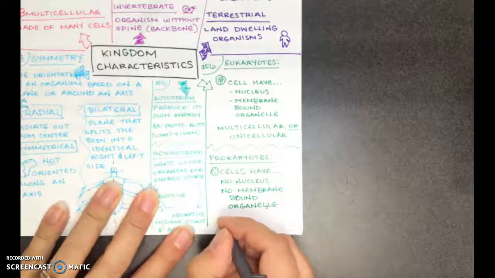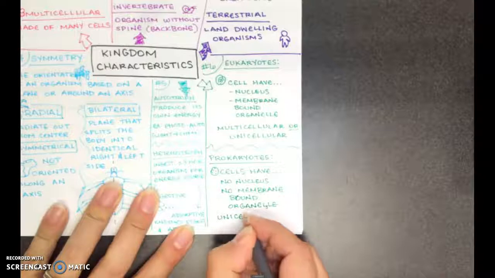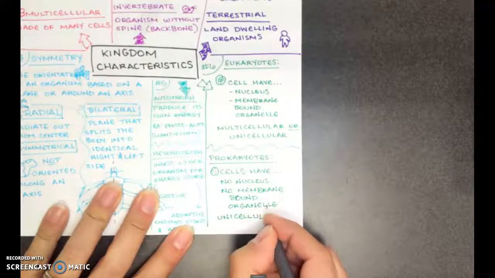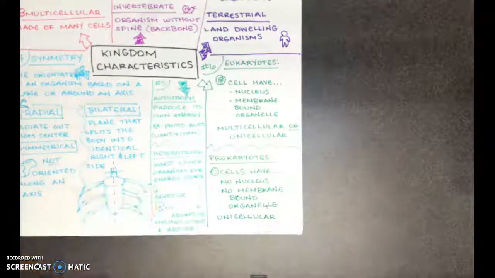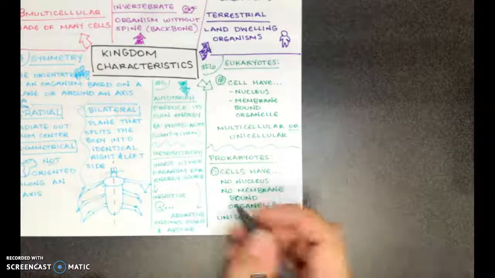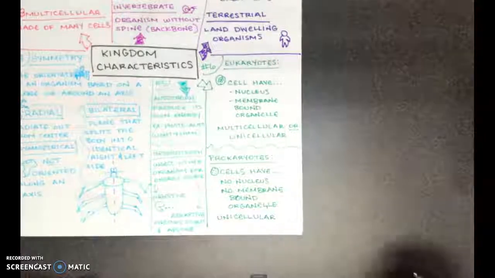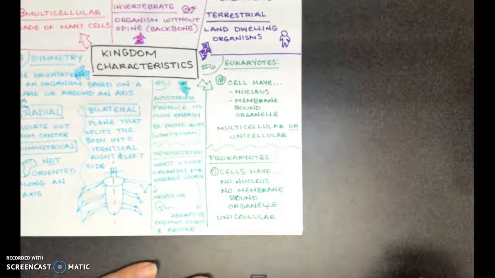And then finally, prokaryotes are always unicellular. Turns out those cells need to be pretty small and pretty simple in order for them to function efficiently. They get too big or too many of them, and then without some of these more complex mechanisms, they're simply just not able to function.